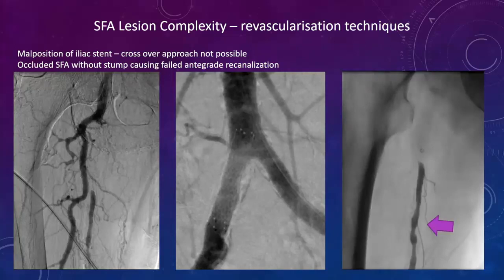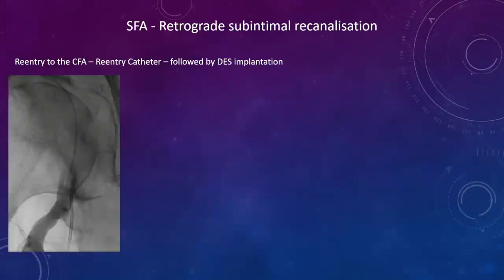So first, the antegrade approach failed. So we decided to puncture the mid part of the SFA and retrogradely pass the lesion. But again, there was a problem because at the level of the common femoral artery, it was difficult to come back into the true lumen.